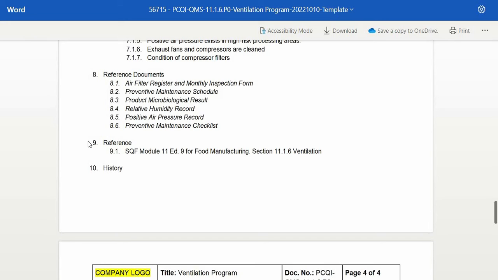Ninth, references. The reference section is composed of guides utilized to implement the program. Examples are the certification guide, regulations, and other widely accepted scientific journals, research, and the like. It must comply with the standard format citation, which can be based on either MLA, APA, or Chicago style, and update the access date.